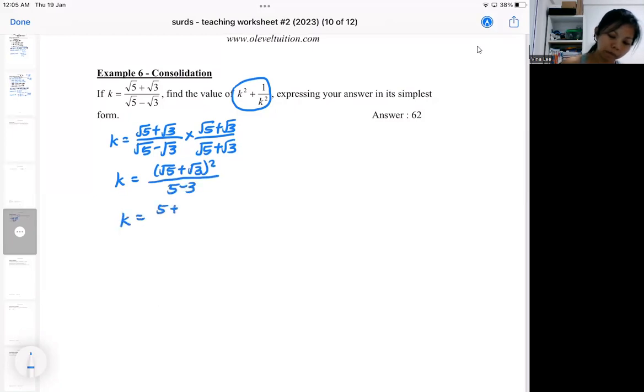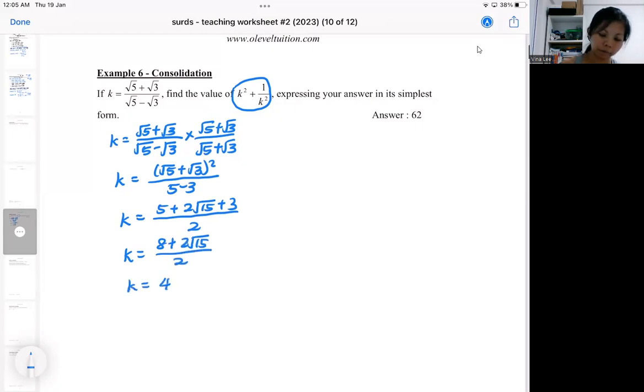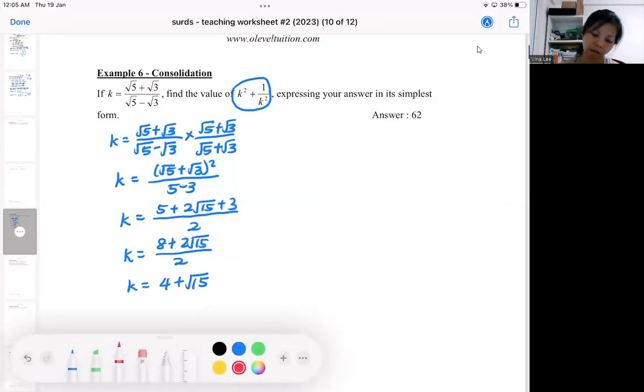If you take a look, if I went for the rationalization, my K actually becomes very simple.